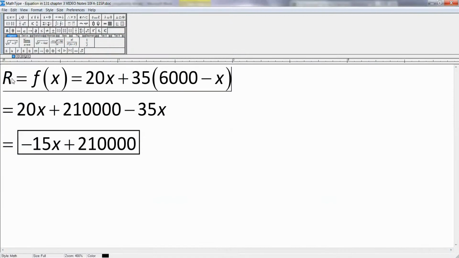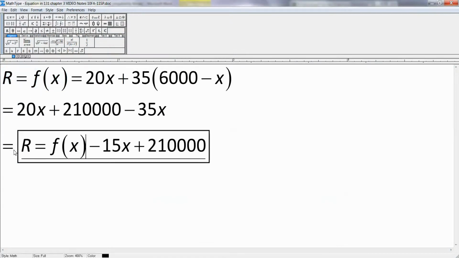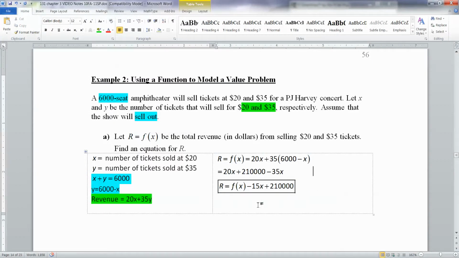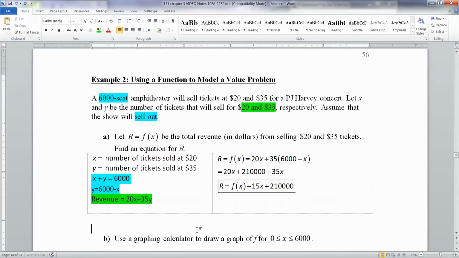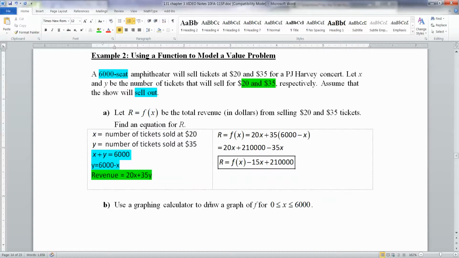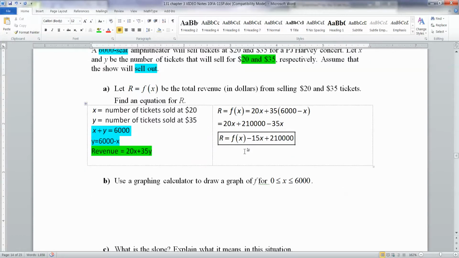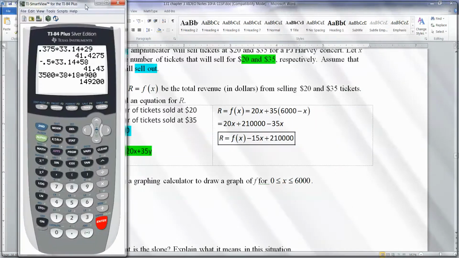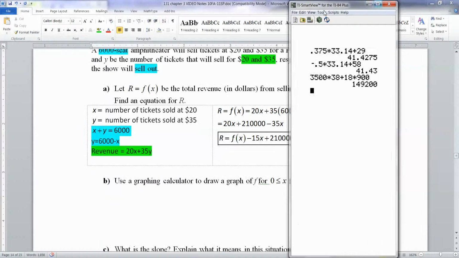I suppose I should write it like this. There we go. And again, revenue is just a fancy term for how much money you're raking in. All right, so now we're going to use a graphing calculator to graph that equation for that value. So I'll pull up my calculator. Kind of move it over here so I can see it.